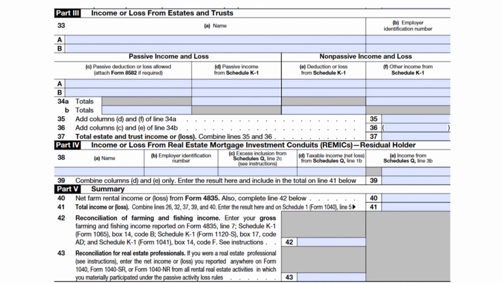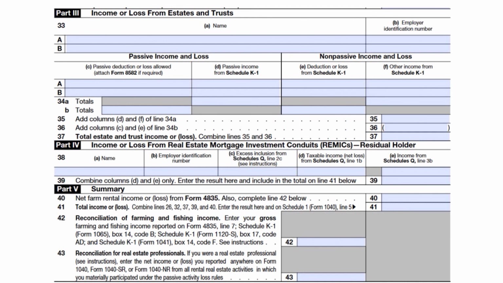Then line 32 is the total partnership and S corporation income or loss. Line 37 is the total estate and trust income or loss. Line 39 is the total income or loss from the REMIC. And line 40 is the net farm rental income. So you have to add those 5 categories and put this on line 41.